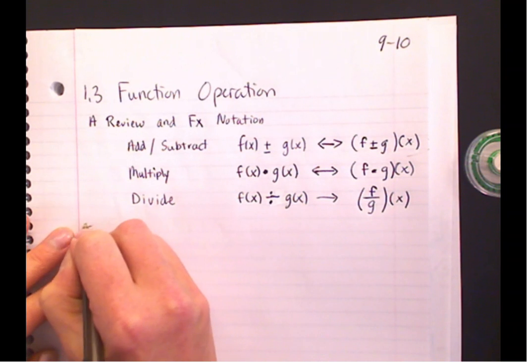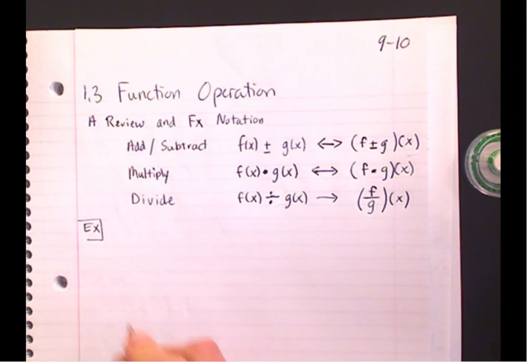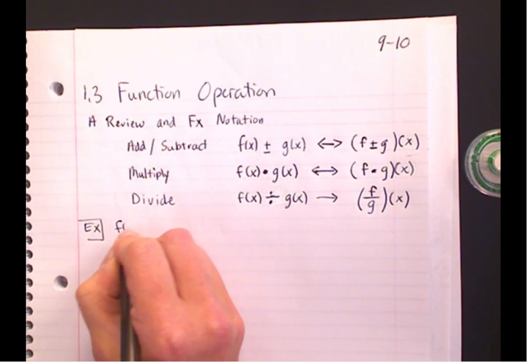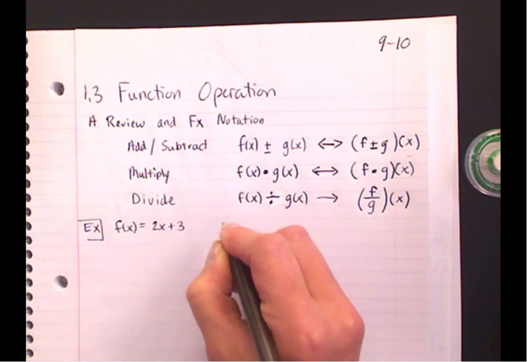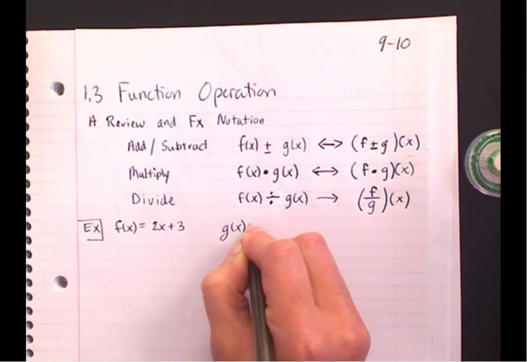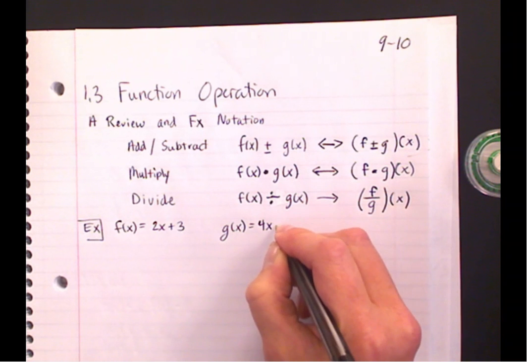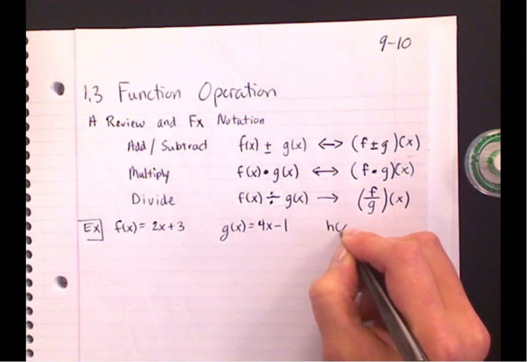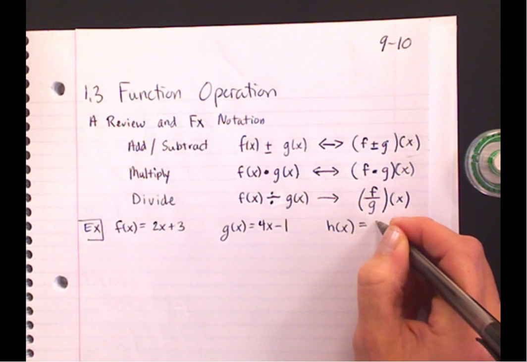So let's do some examples with that. Let's say that f of x equals 2x plus 3, and g of x equals 4x minus 1, and h of x equals 3.